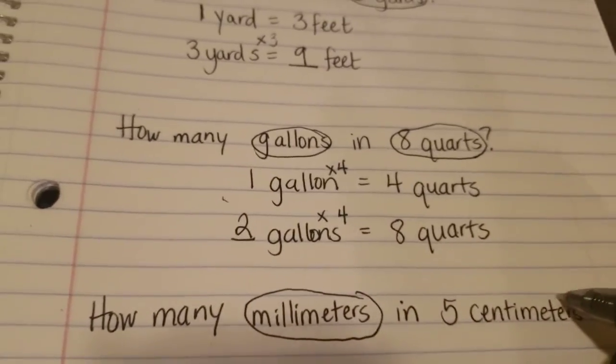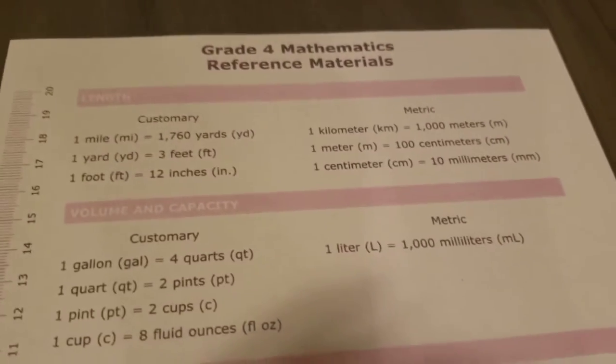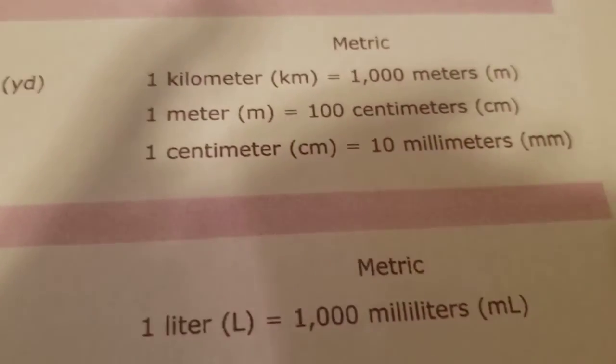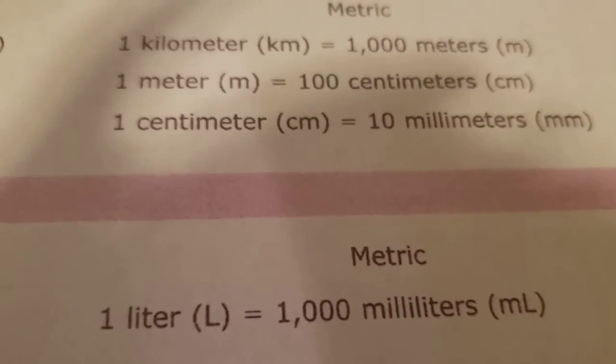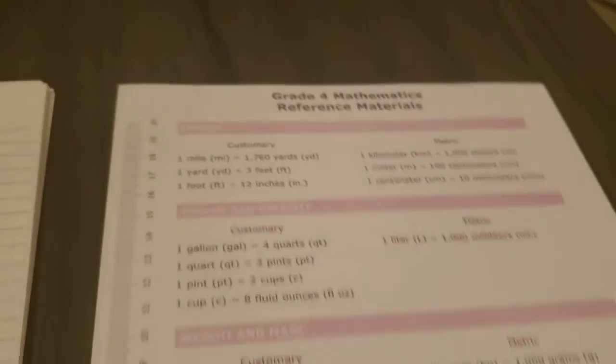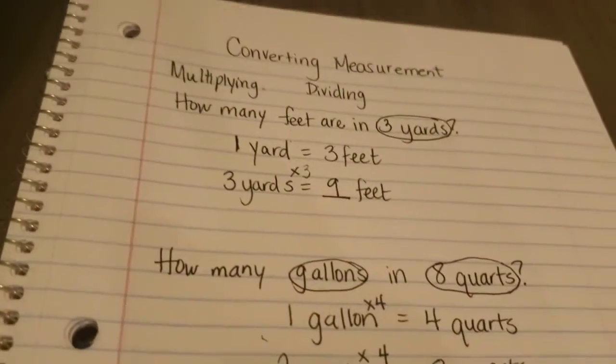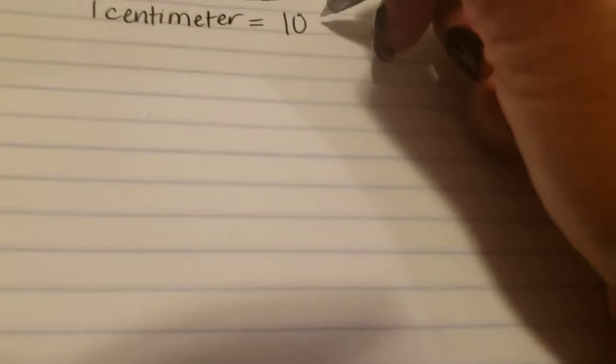Millimeters, centimeters. Okay, so let's go over to our handy dandy chart. Bam, there it is. Centimeters and millimeters. So I find out that 1 centimeter equals 10 millimeters.